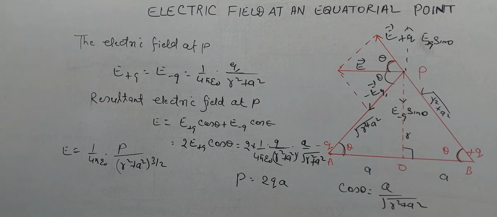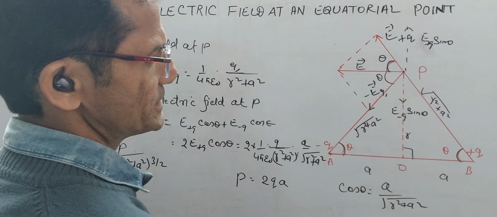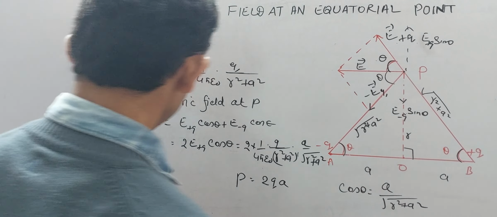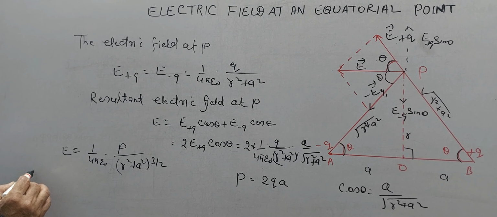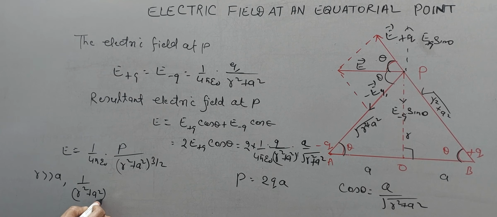Now taking the consideration that r is very far from this system, and under this condition if I say that r is much greater than a, then 1 upon (r square plus a square) raised to the power 3 by 2 will be replaced, we leave out a, and finally it becomes r square raised to the power 3 by 2.